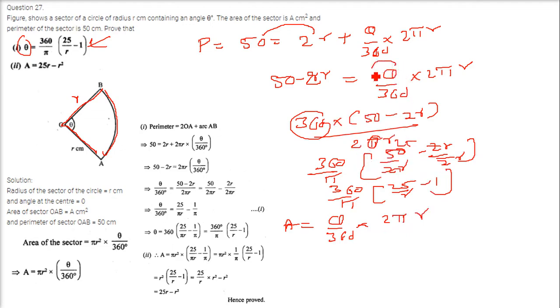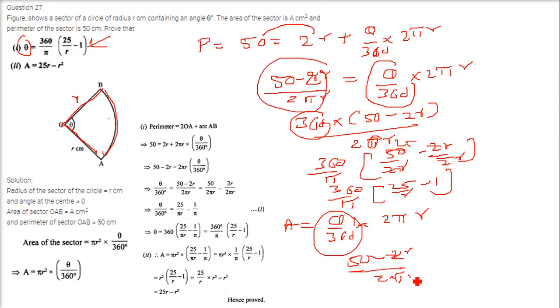But if you see here, theta by 360 is 50 minus 2R by 2 pi R. So in place of theta by 360, I can write 50 minus 2R by 2 pi R. Or you can say that theta by 360, from here, because we have already solved it, is 25 by R minus 1 by pi, right?